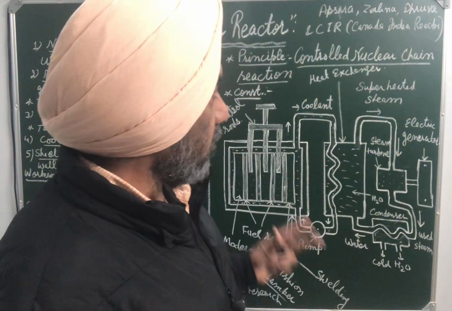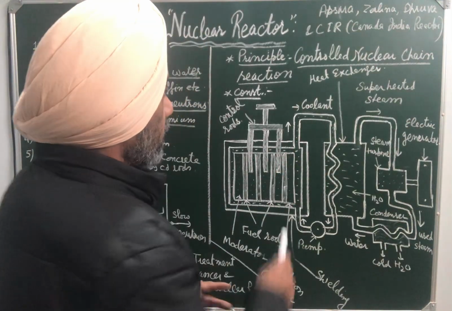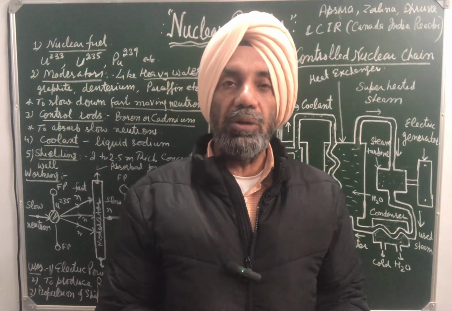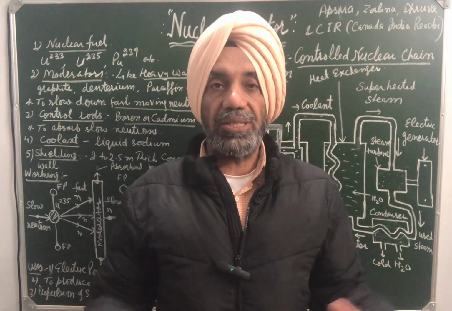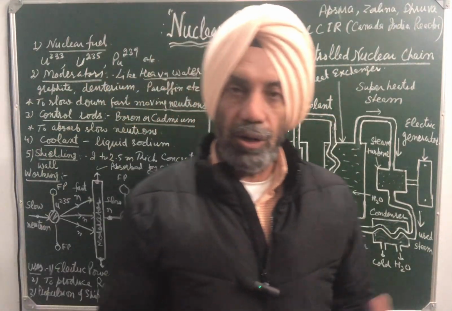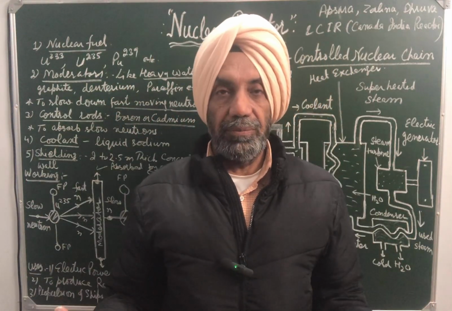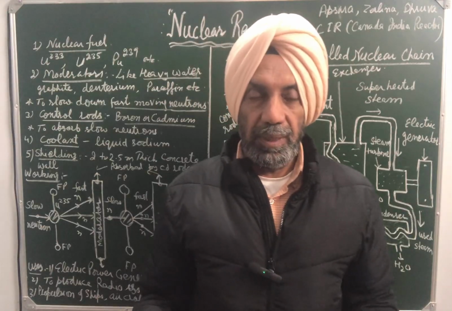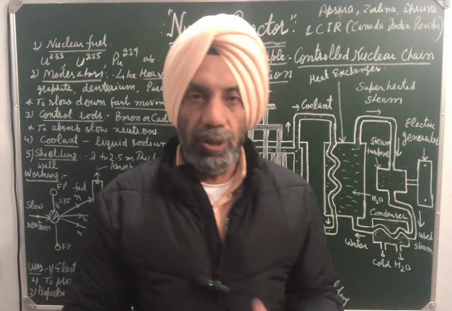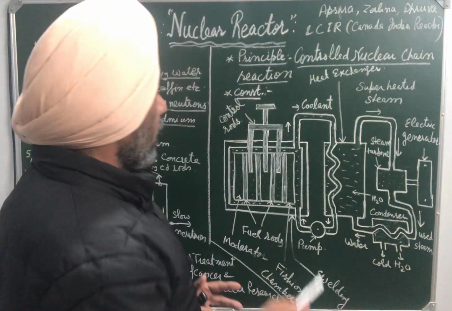Such a device is called a nuclear reactor. It is based on the principle of a controlled nuclear chain reaction, a fission reaction, but it is controlled, because if it is uncontrolled, it becomes explosive. That is the principle of the atom bomb. So the controlled nuclear chain reaction is the principle of the nuclear reactor.